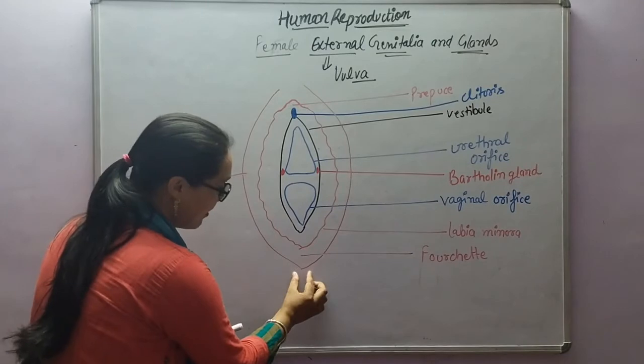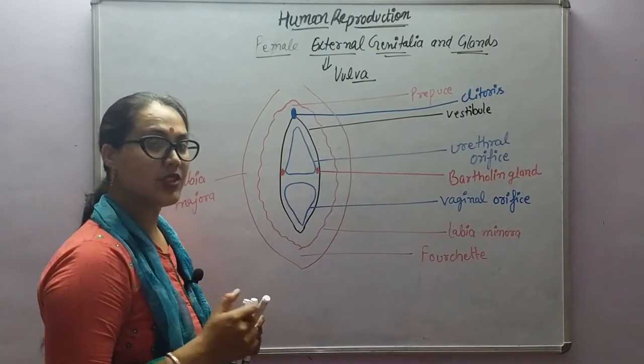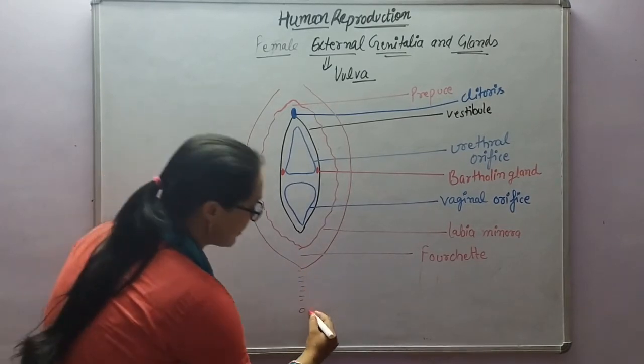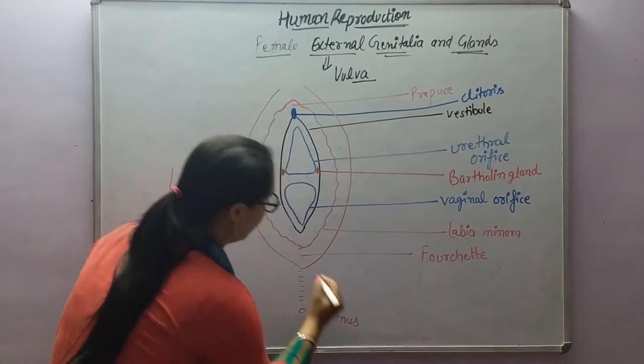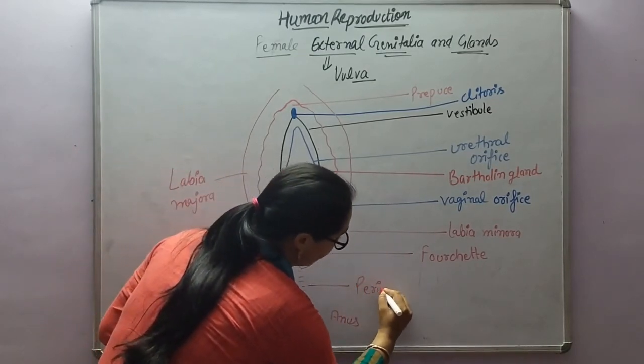There is an area between the anus and the external genitalia, and this area is known as the perineum.